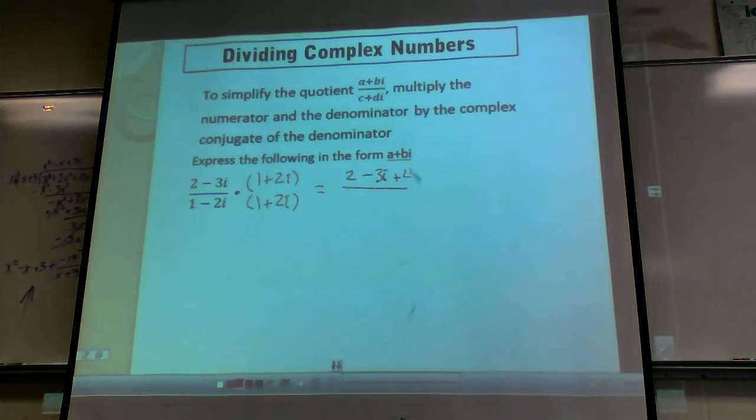I'm going to write every little thing out on the first one. And on the bottom, you'll have parentheses 1 minus 2i plus 2i minus 4i squared.